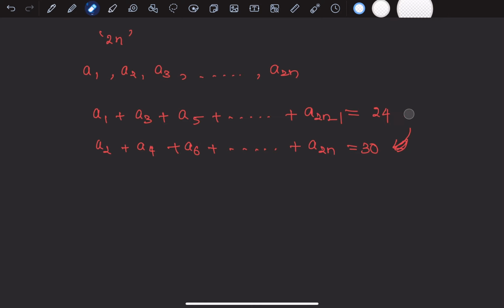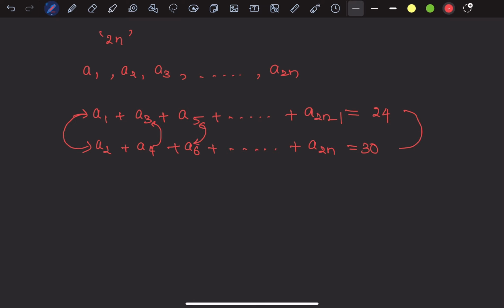They gave these two equations because if you add them, you'll end up with a very complicated equation in a1, n and d, the common difference. But if you subtract these two equations, the difference of a2 and a1 will be d, the difference of a4 and a3 will be d, and the difference of a6 and a5 will be d.